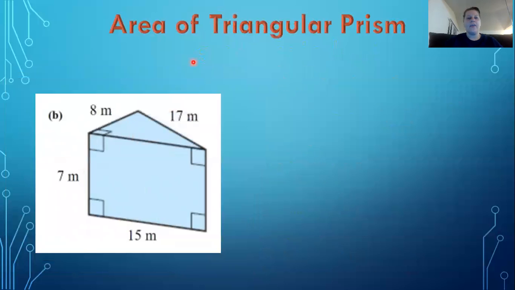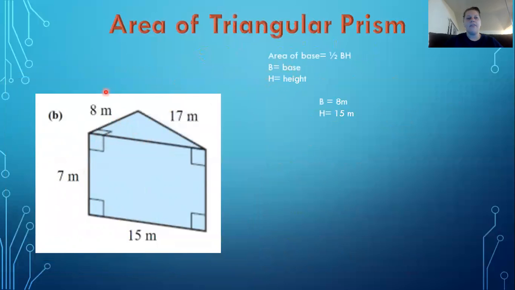Now we want to find the area of the triangular prism. The area of the base is 1/2 base times height, so our B being base, H being height. Our base is 8 meters and our height is 15, because you see right here, this is a right triangle.